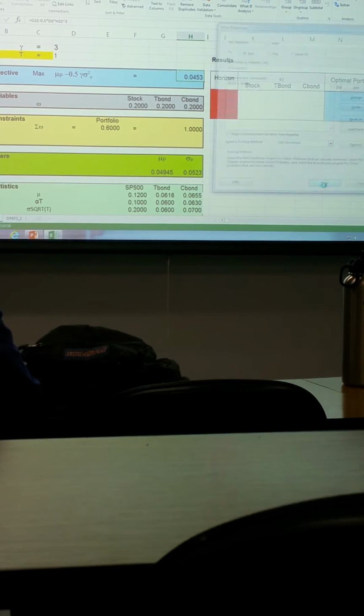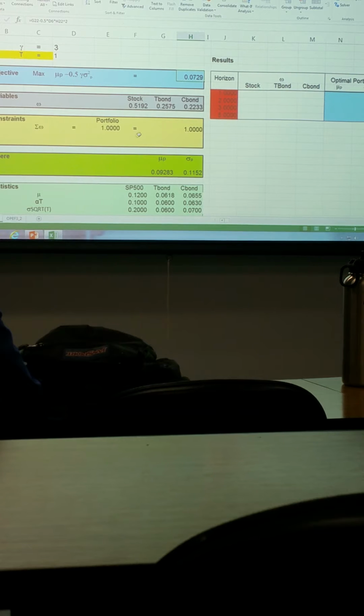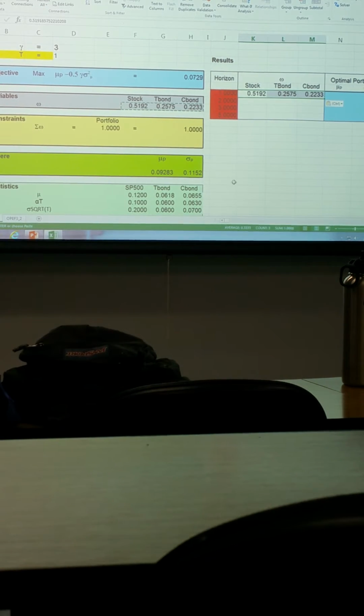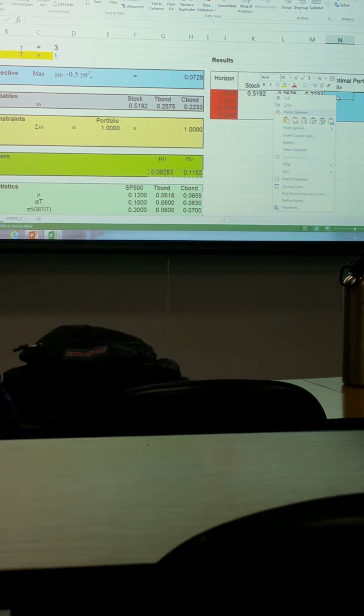So let's solve it. And solver found the solution. Okay, clicking it, we got this answer. So we copy this, paste special value only, and then mu p is this, copy and paste.